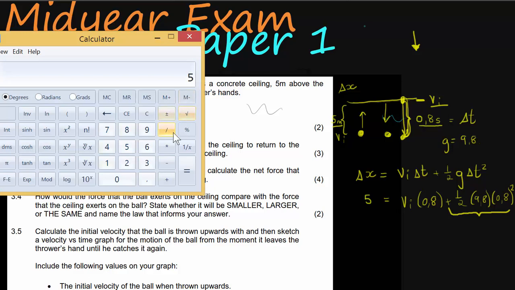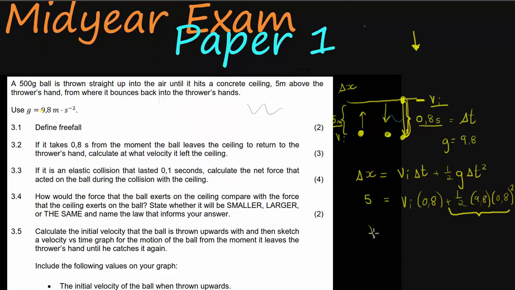So 5 minus 0.5 times 9.8 times 0.8 squared, because this is subtracted on the other side, is equal to 1.865. So the initial velocity is 1.864 meters per second. In what direction?